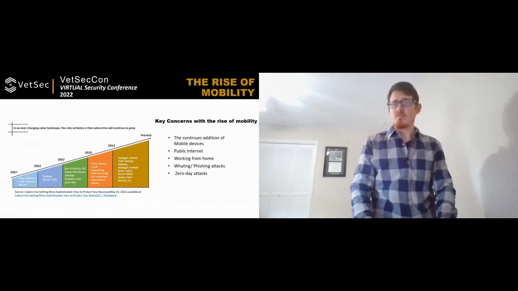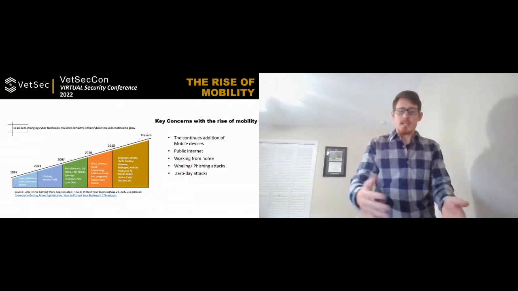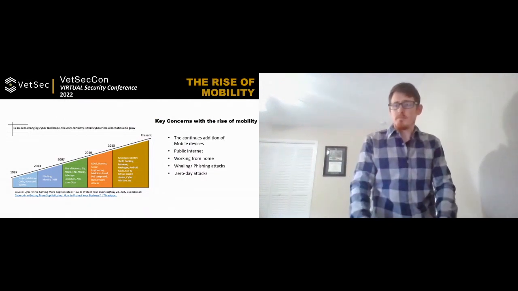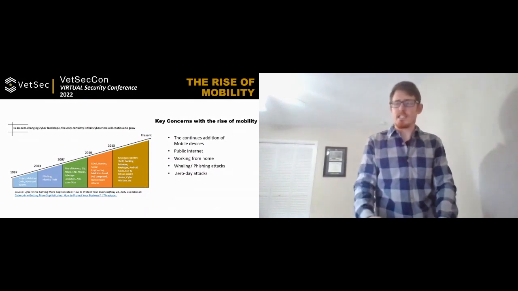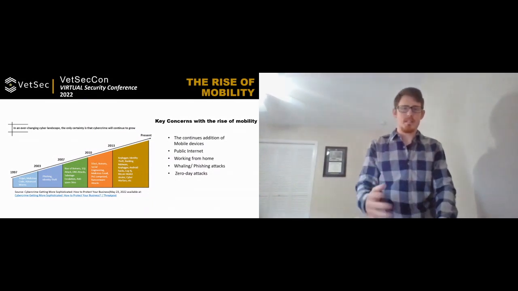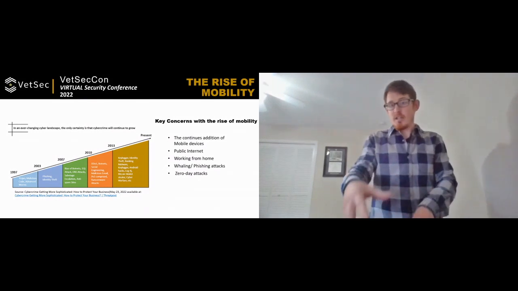So the rise of mobility. Back in the day, there were the Trojans and the malicious code, and that stuff is bad. But looking back on it, that stuff is nothing compared to what's going on now, and it's because of the devices, right?